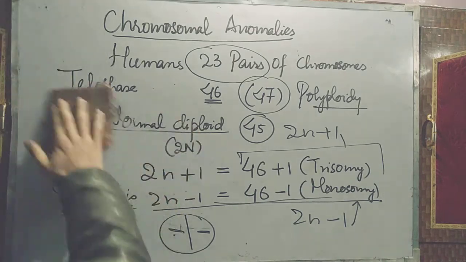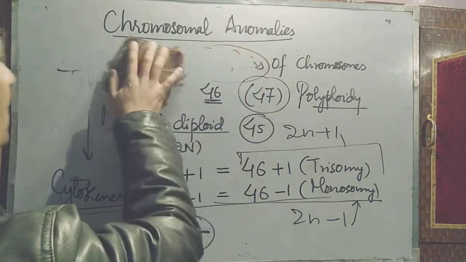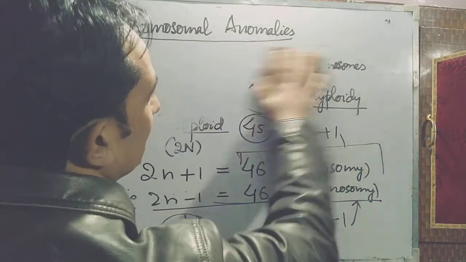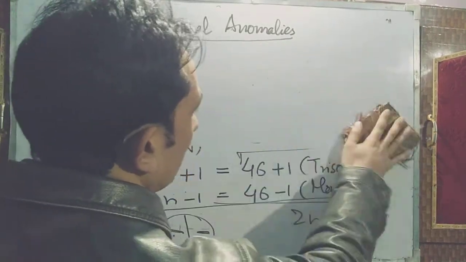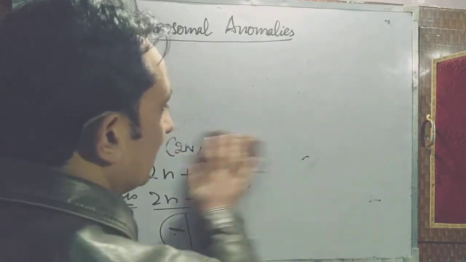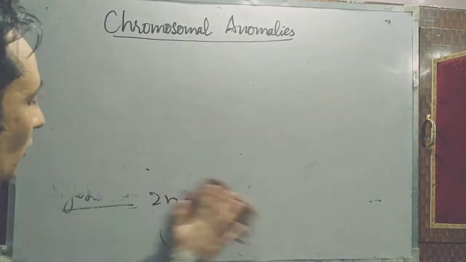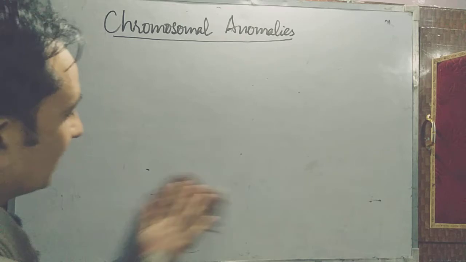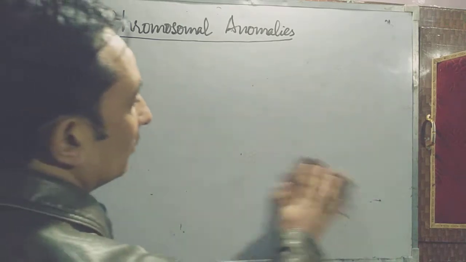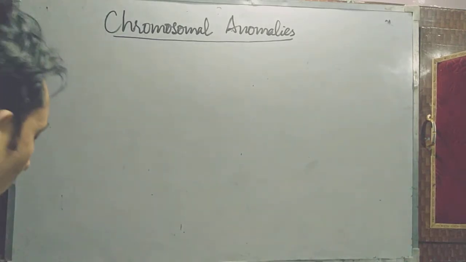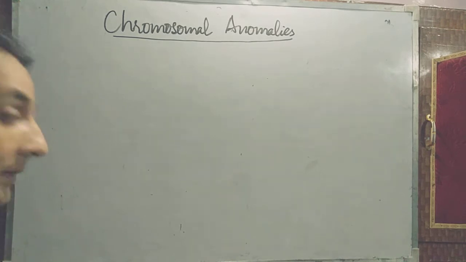Okay, so you have to remember two main conditions of the chromosomal anomalies, that is the trisomy, that's 2n plus 1, in which the chromosome number would be in case of humans 47, and monosomy, that is 2n minus 1, in which the chromosome number would be 45 instead of normal 46.